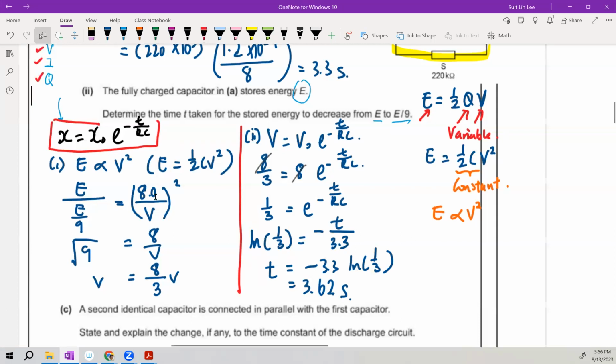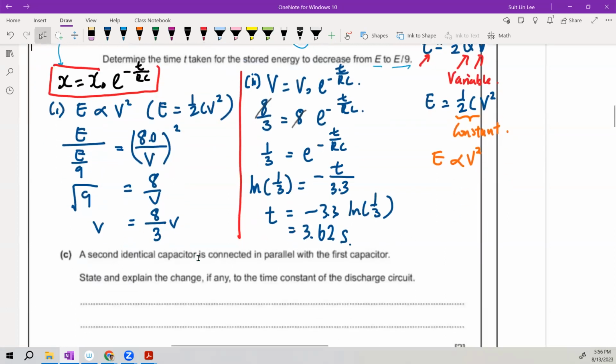Okay? All right, part C. A second identical capacitor is connected in parallel to the first capacitor. So as mentioned just now, whenever we connect some capacitor in parallel, the total or the effective capacitance increases, but it's identical, so it's double.